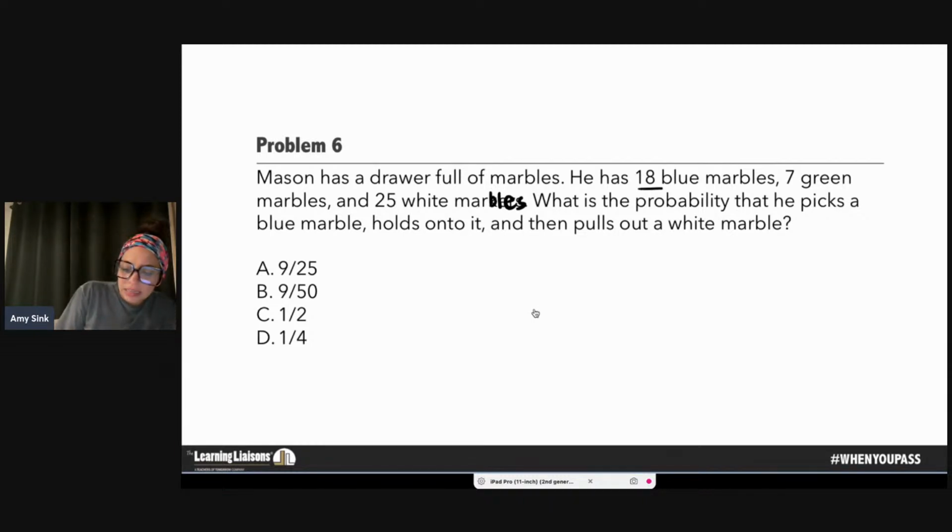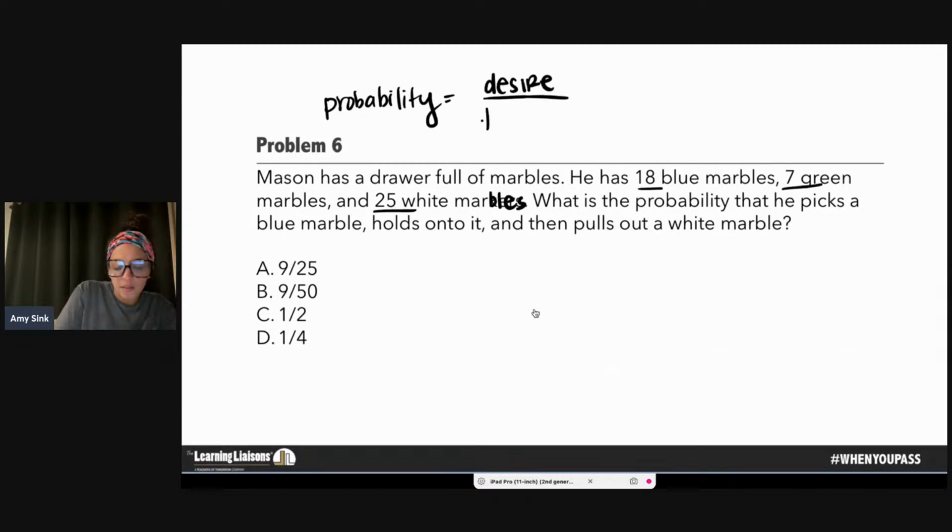So we have 18 blue, 7 green, and 25 white marbles. Let's remember that probability equals my desire out of my total outcome. In this case, my total outcome is going to be the number of marbles in my bag, so I have 18 plus 7 plus 25 marbles.